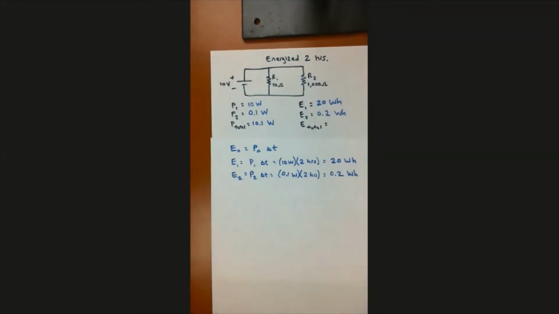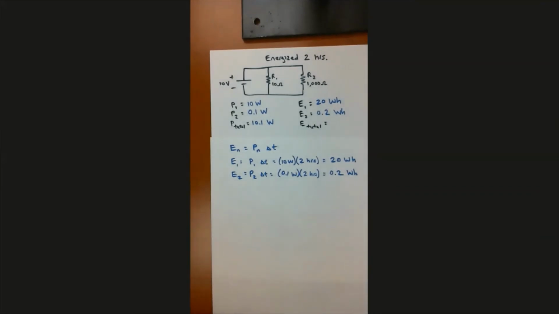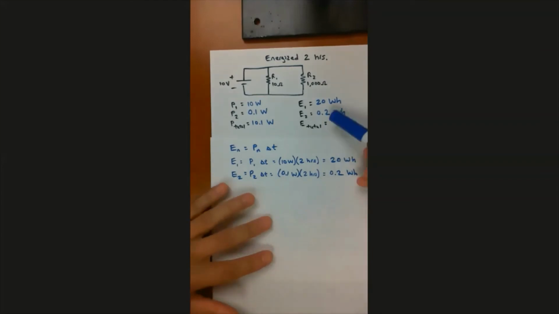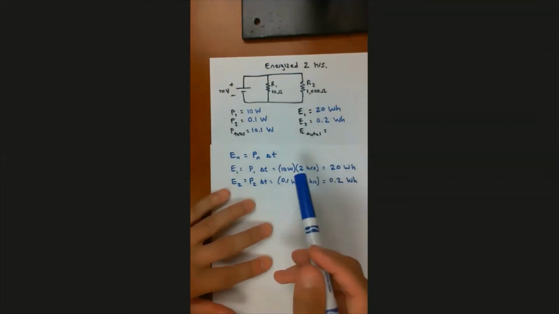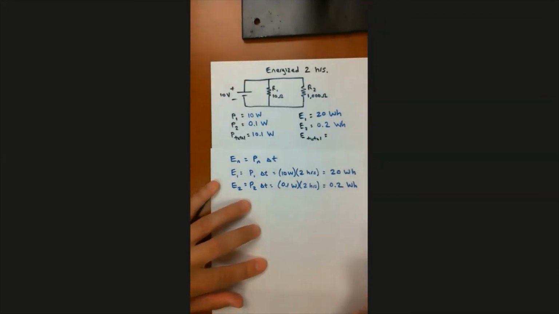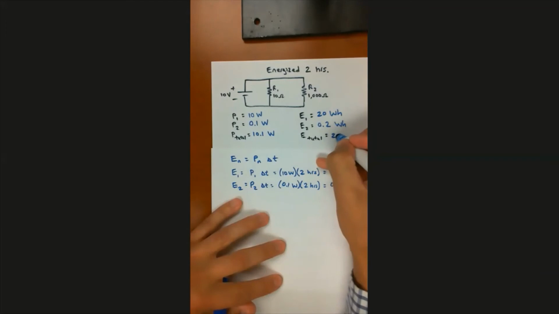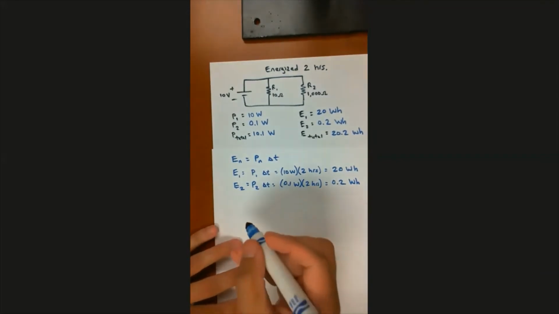Energy is the same way as power was, in the sense that we can just add these up. But you don't have to take my word for it. We could just add these and say, if I dissipate this much energy here and this much energy here, then my total energy must just be this plus this, which is 20.2 watt hours.